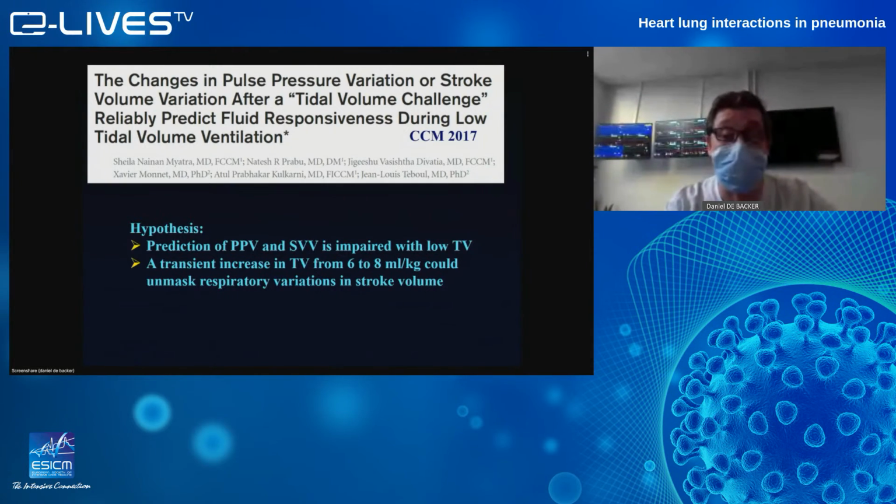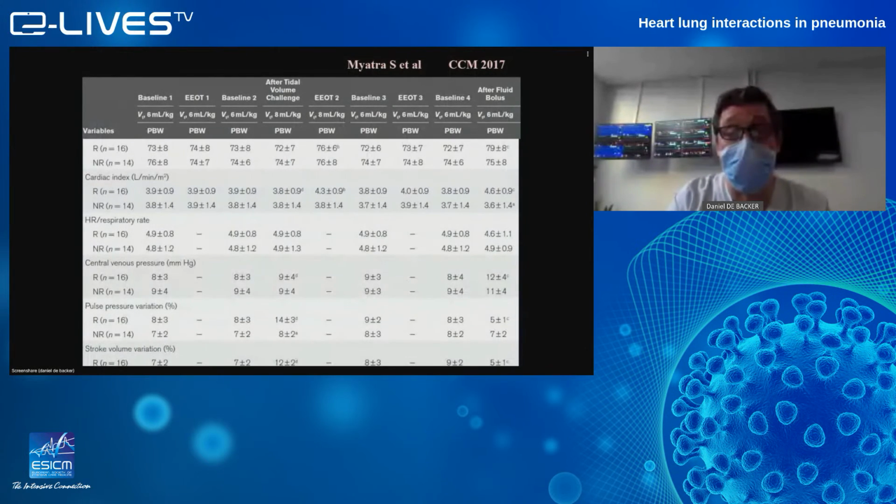They tested a transient increase in tidal volume from 6 to 8 to unmask respiratory variations in stroke volume. It's a complicated slide, but the most important aspect is that when the tidal volume was increased, the pulse pressure variation increased in responders, but not in non-responders.